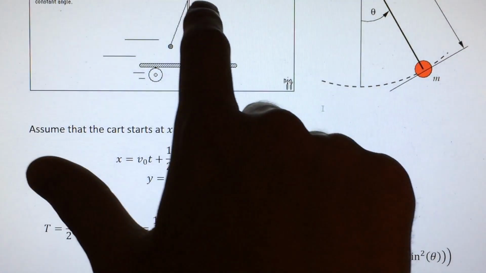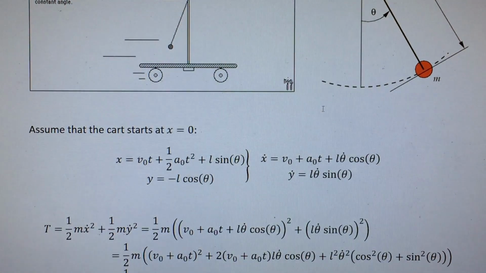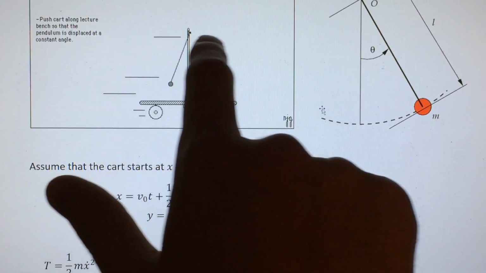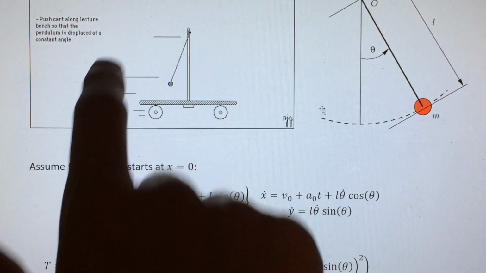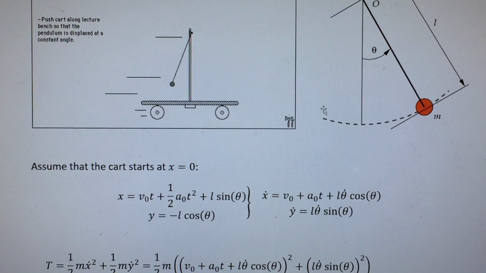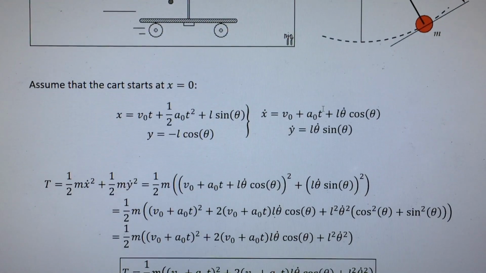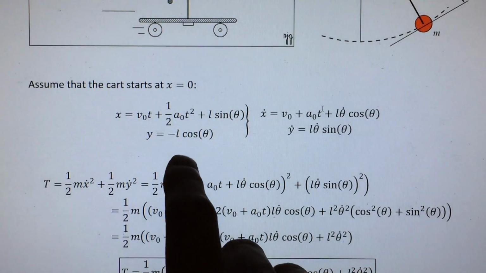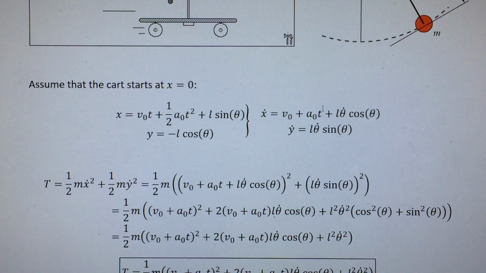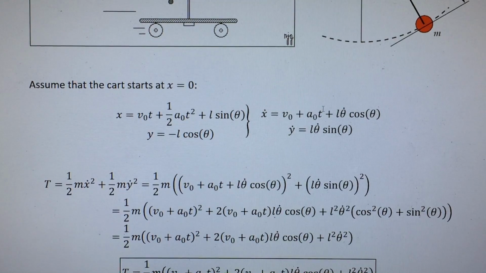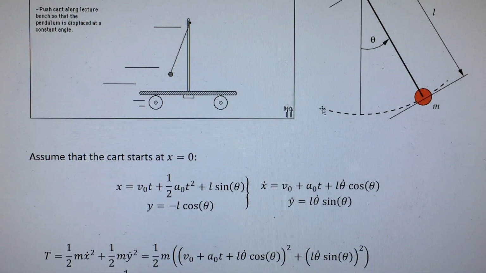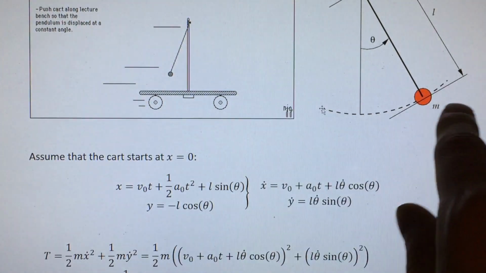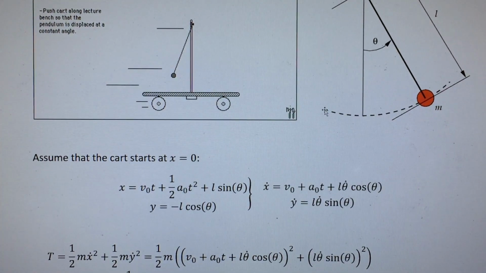Now, since I selected the y-axis to have its 0 right at the level of the top of the pendulum there, the value of the y displacement using similar trigonometry is simply negative L cosine theta. And that's using trigonometry similar to what was used to figure out the oscillation contribution to the x displacement.